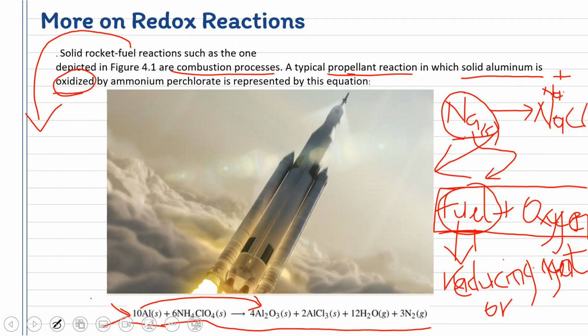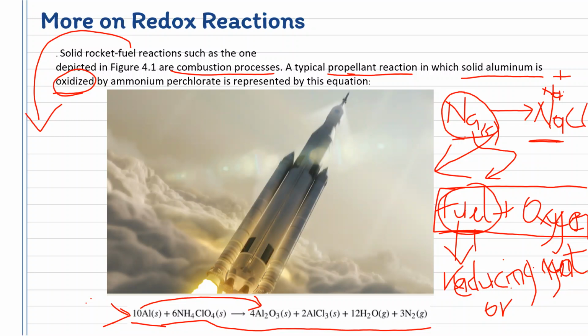So in just this simple example, sodium is also called a reducing agent. It's the same thing for aluminium down here. The aluminium undergoes oxidation, but the same aluminium will be the reducing agent, or what we call the reductant. So most fuels are the reducing agent or the reductant.